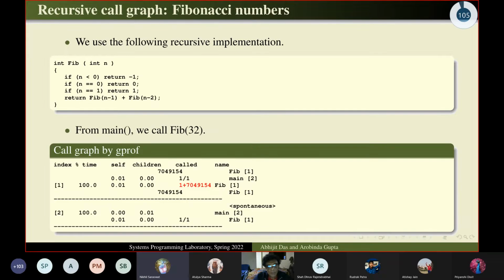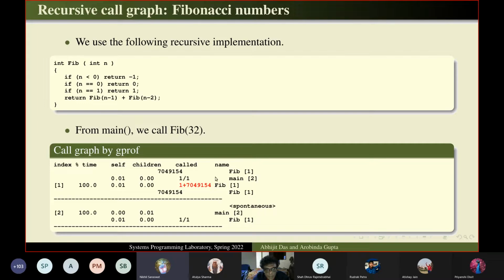So let's say we call fib(32) from main. And if I now make a call graph profile of this program, I see that this function fib is called only once non-recursively, that is from main, and it calls itself 7049154 times.